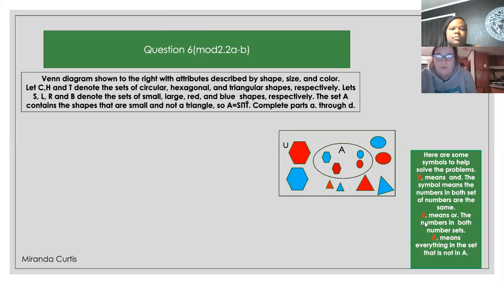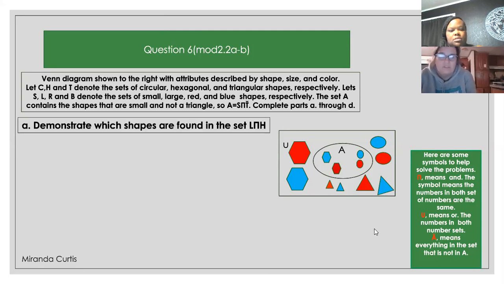So we have our little review bubble over here. It's going to be just like our other ones, except we're looking at objects. So it says demonstrate which shapes are found in the set L, and then we have our little signs and H. So what we have, L stands for large, H stands for hexagon.